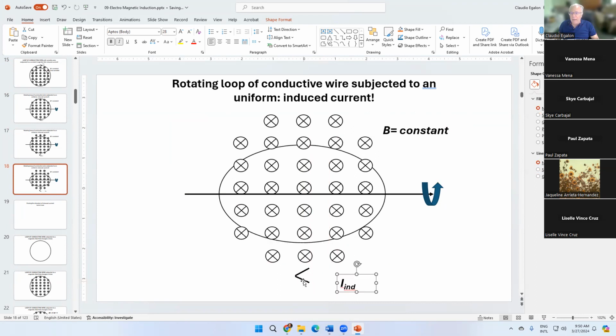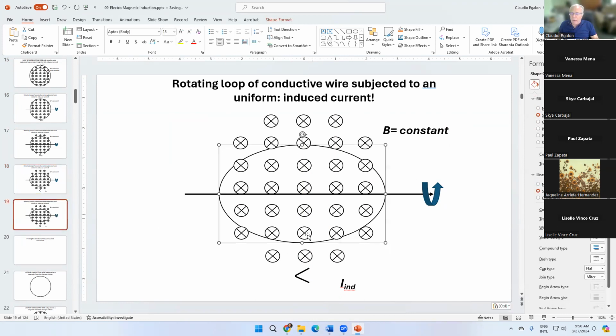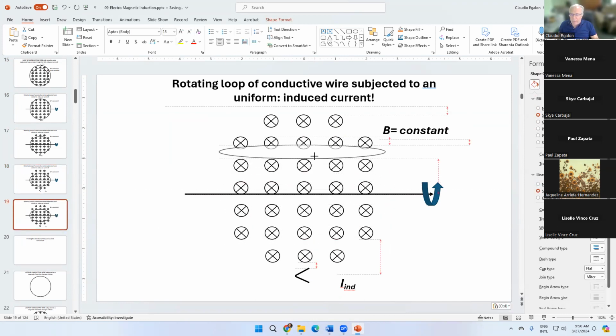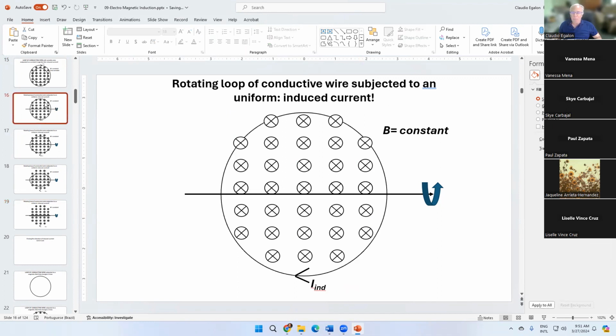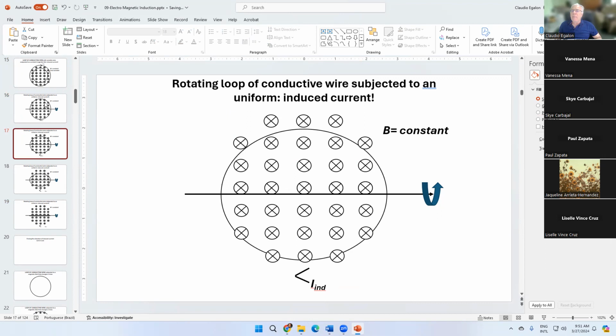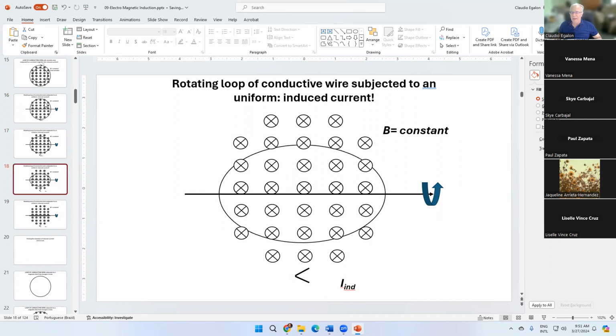Okay? And here you go. We are going to have a current that's going to be induced in a given direction. And then eventually this circuit is going to be exactly sideways. The magnetic flux is going to be zero because it's sideways compared to the magnetic field, right? So what's happening here? Right now, the magnetic flux is maximum. Because the circuit is rotating, the magnetic flux is decreasing.